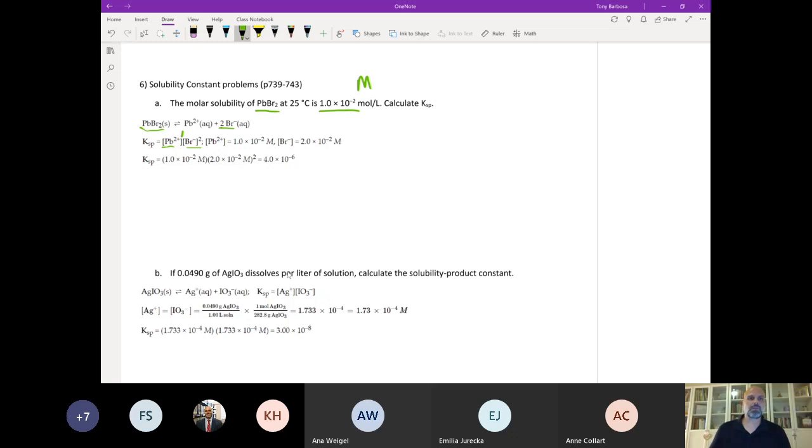When you're working through this problem, let me try to think of how to describe this. We have our table. Unfortunately, this answer key doesn't describe it very well.